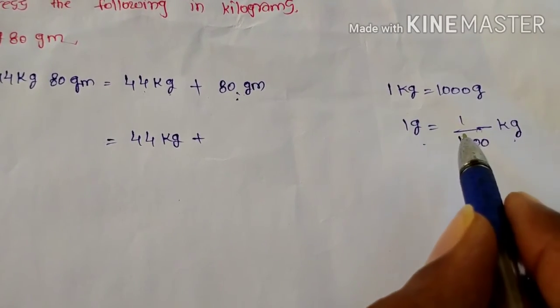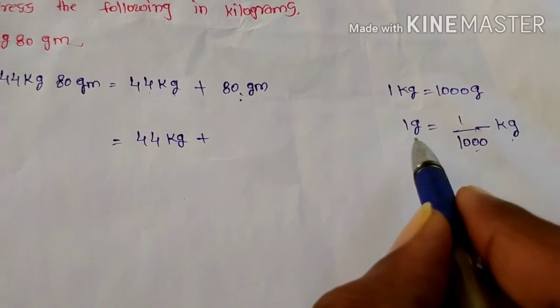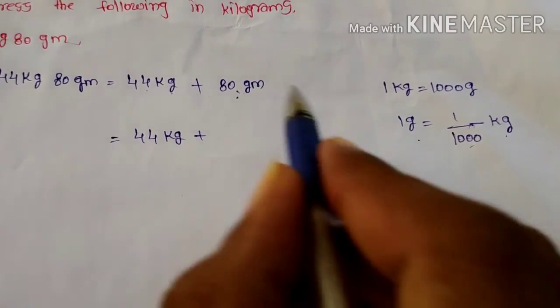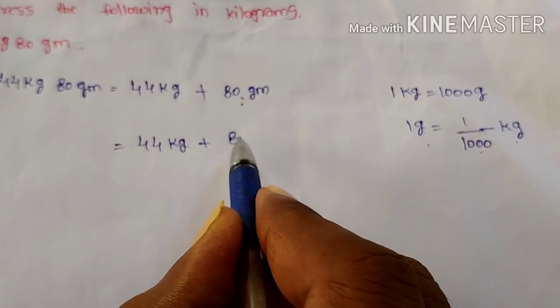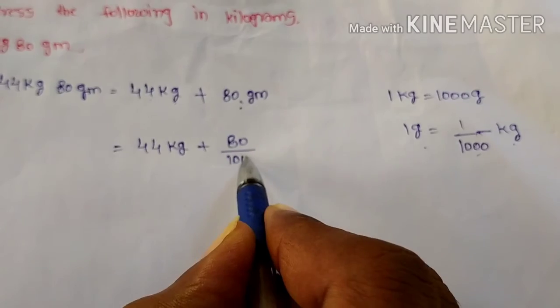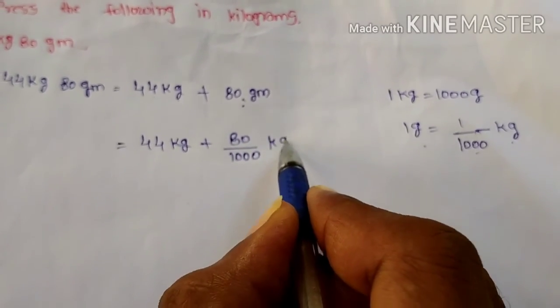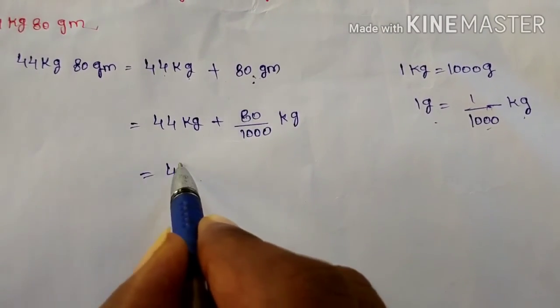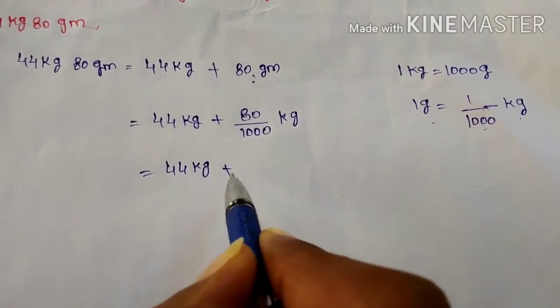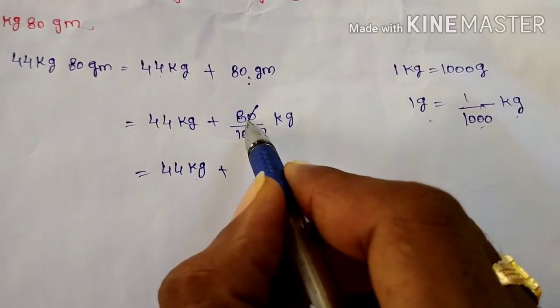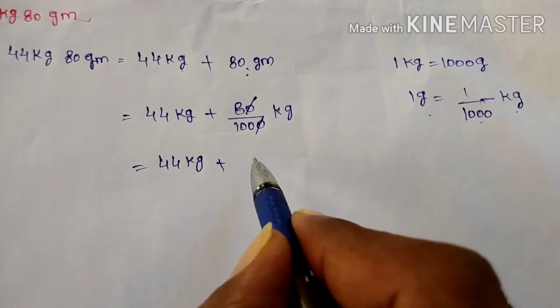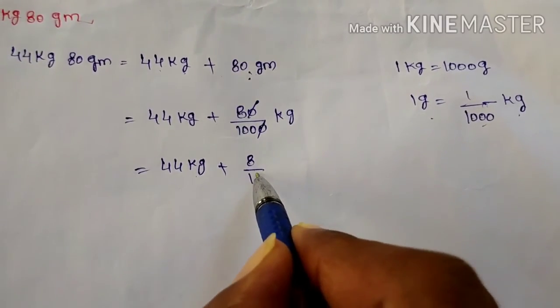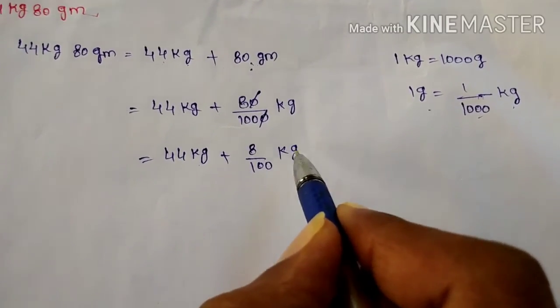See here 1 gram is equal to 1 by 1000 kilograms. 10 grams is equal to 10 by 1000 kilograms. 80 grams is equal to 80 by 1000 kilograms. See, you can write here 44 kg plus, you can cancel if possible. See, a 0 cancels. Now you can write here 8 by 100 kilograms.